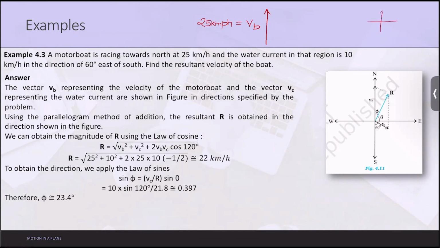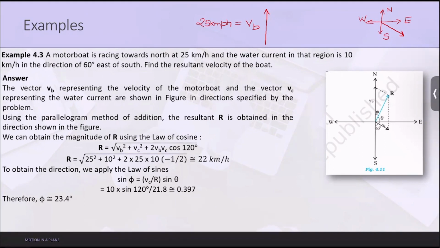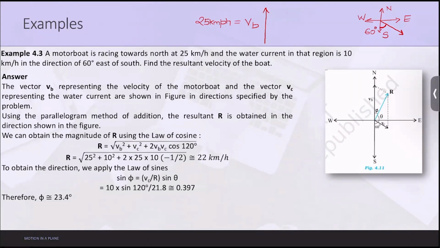So we know the direction first of all. This is your north, this is your south, this is your east, and this is your west. The water current is 10 km per hour in the direction 60 degree east of south. East of south means we start from south and move towards east, so this will be your 60 degree east of south. If it had been west of south, we would have gone with the base at south and moved towards the left side.